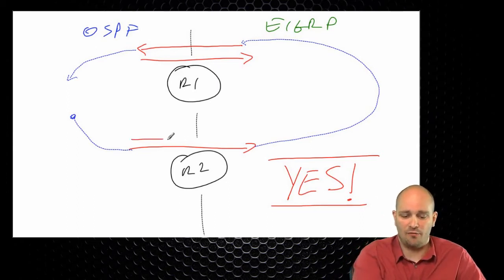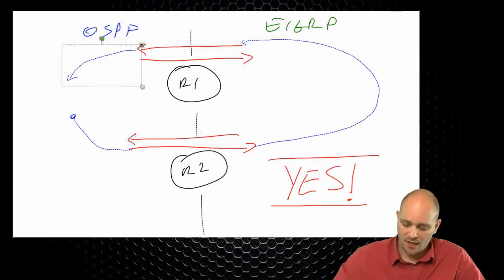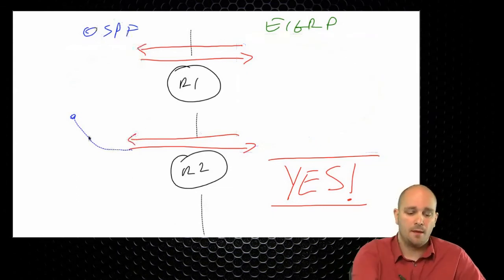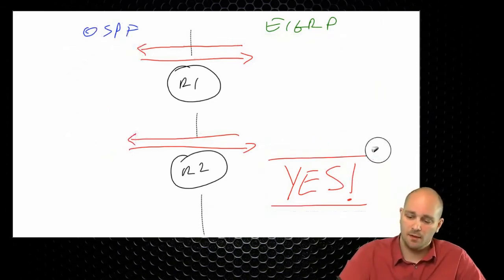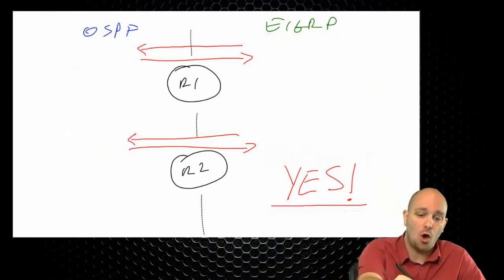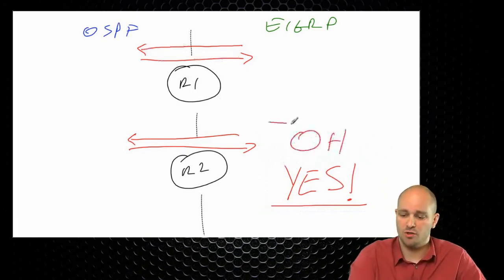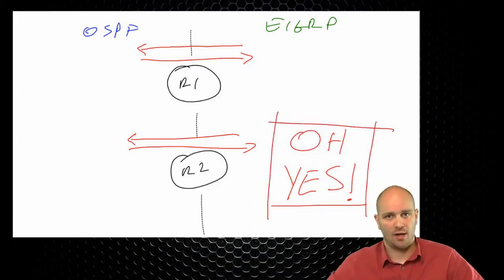Now, in this scenario, for example, when you had mutual redistribution at multiple points, the answer to the question, can the loop form, is not just yes. The answer is, oh, yes. In this case, you are more than likely to have a loop.